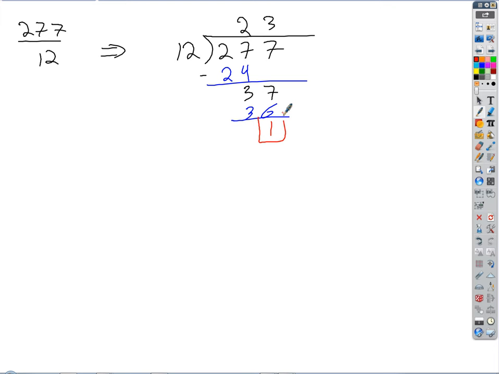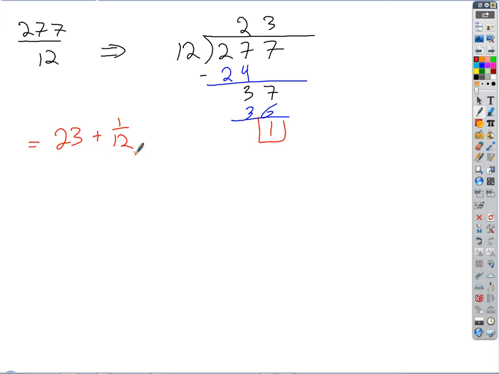But the 1 left over is what 12 is trying to divide into, right? So if I wrote this answer out, it would equal 23 plus 1/12. As a mixed number, we just write that as 23 and 1/12. But a mixed number really means this, doesn't it? Right? Everybody agree? Okay. All right.